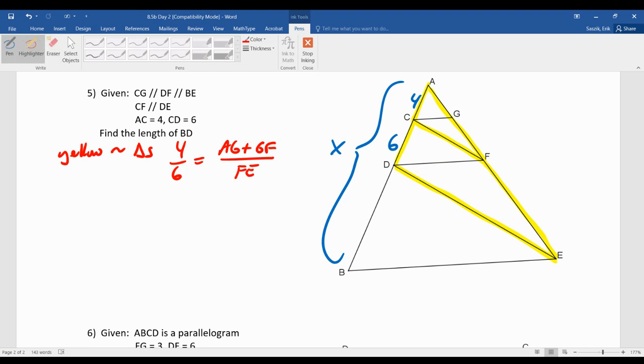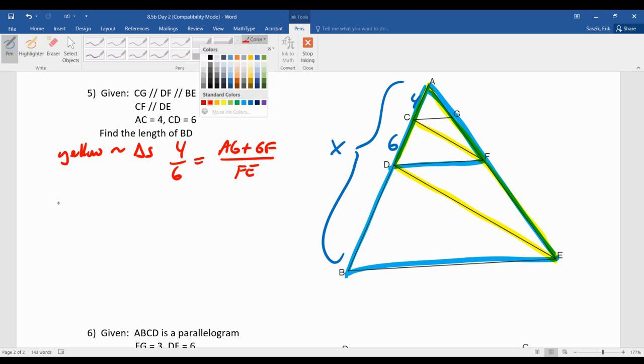Okay, so now what we're going to do is we're going to highlight some other triangles. So you got this one up here that looks green now, but I'm using blue. So these are going to be congruent. Sorry, similar. And that's what I was getting at earlier.